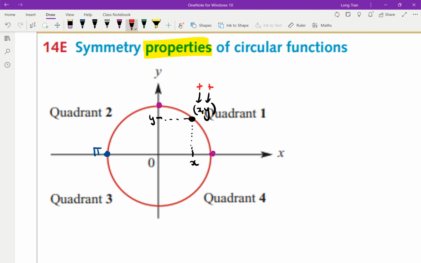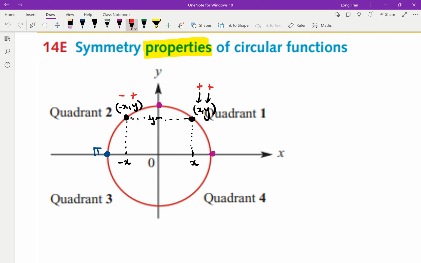Now if you look at each point around the circle, if I chose this point over here, with the same x value and the same y value, notice that the x value is now on the negative side of the x-axis. So the coordinate here would be negative x, but positive y.